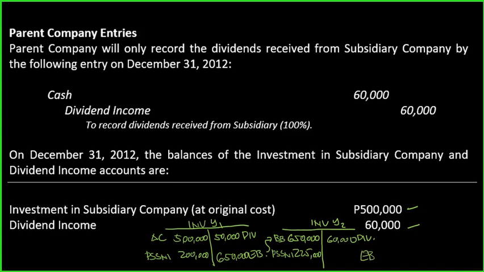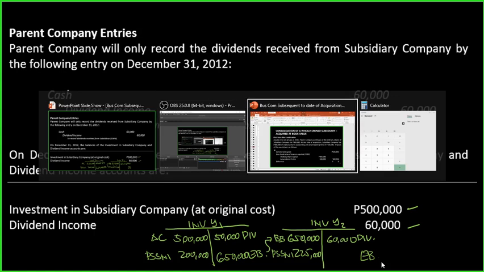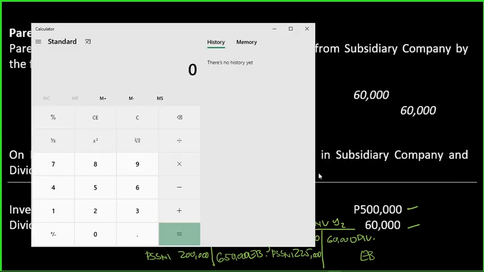Let's compute. You have 650, plus the net income of 225, minus the dividends of 60,000. Ta-da!